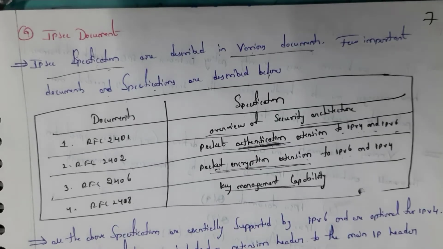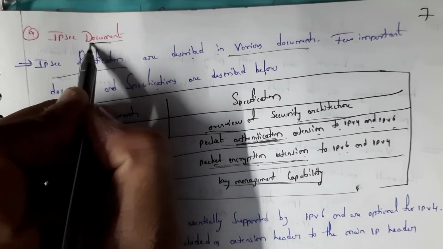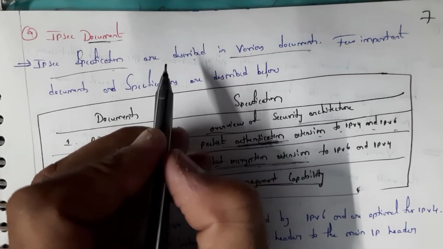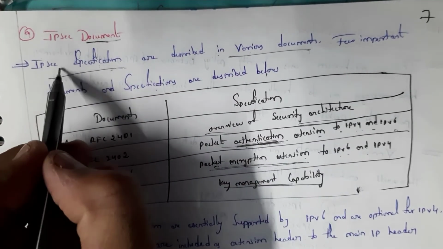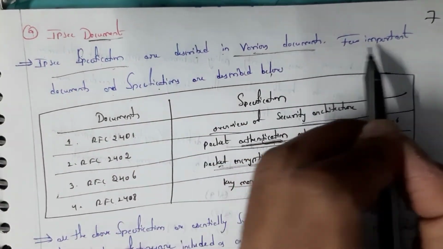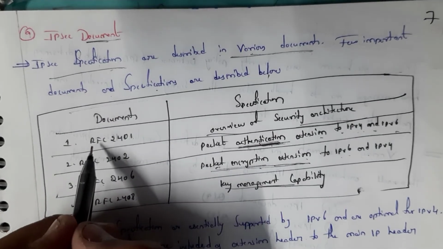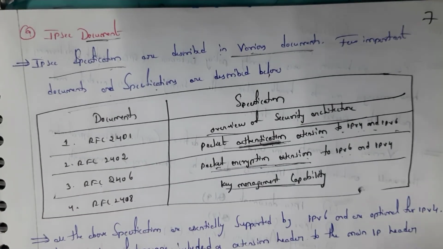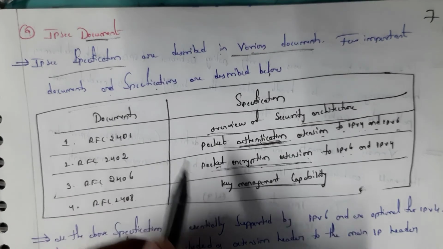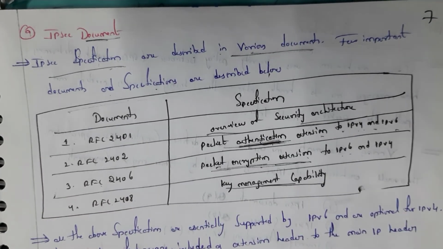Next we see what the documents of IP security are. These documents contain IP security specifications. IP security specifications are described in various documents. Some of the important documents are listed here. First one is RFC 2401. This RFC 2401 document contains an overview of the security architecture.